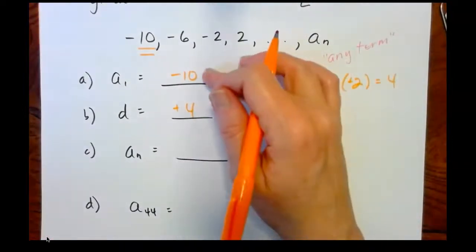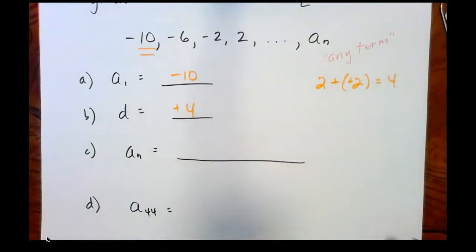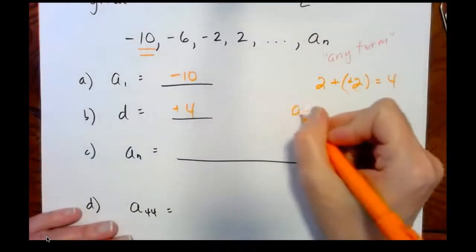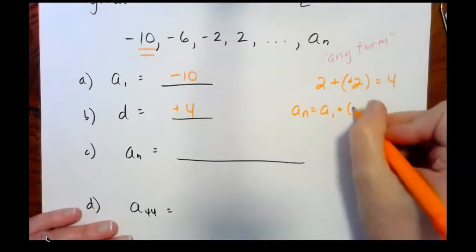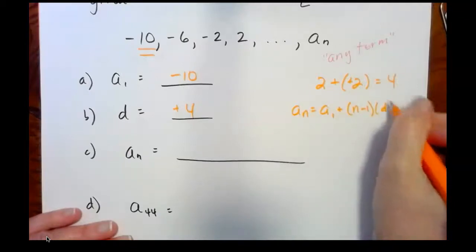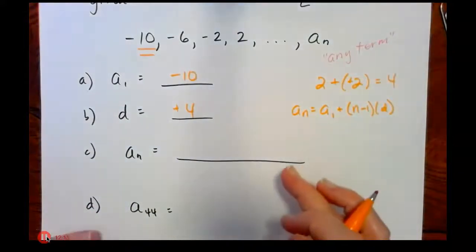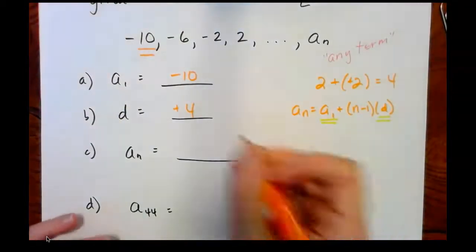So having a sub 1 and d will allow us to write any term a sub n. But you must know the formula for a sub n. The formula for a sub n is a sub n equals a sub 1 plus n minus 1 times d. This is a must know for tomorrow's test. So now all we've got to do is plug in our a sub 1 value and our d value, and we'll have it in expanded form.